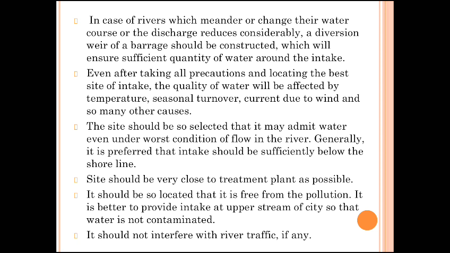After taking all precautions and locating the best site for the intake, the quality of water will still be affected by temperature, seasonal turnover, current due to wind, and many other factors.